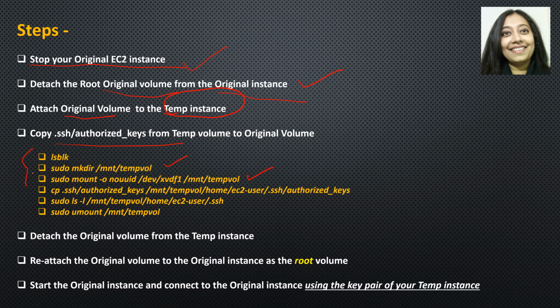When we copy the file over, the public key information will be copied over to this volume. Remember that what you're doing here is copying the SSH keys from the temp volume of your temp instance to the original volume that you have temporarily associated to this instance.